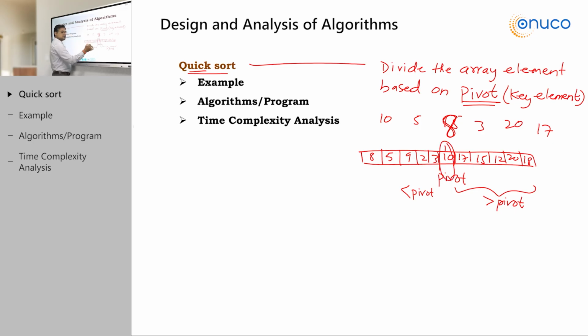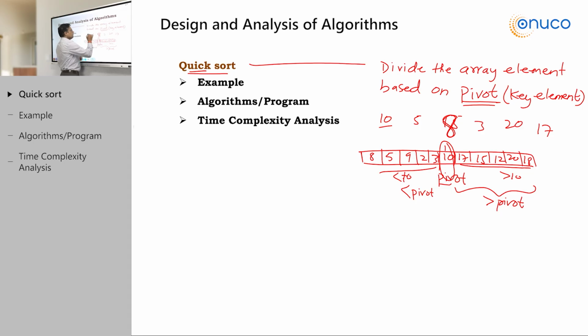The pivot element divides the array's elements in such a way that the left side of the pivot element is lesser than the pivot element, and the right side of the array's elements will be greater than the pivot element. So in this case, all the elements on this side are greater than 10, and all the elements on this side are lesser than 10. Similarly, once we perform the task for this example, we will swap first. I will tell you how exactly it is.